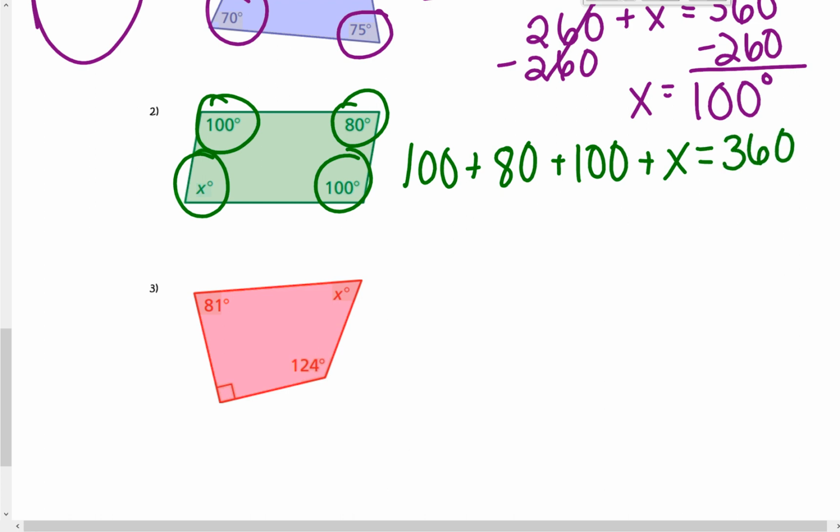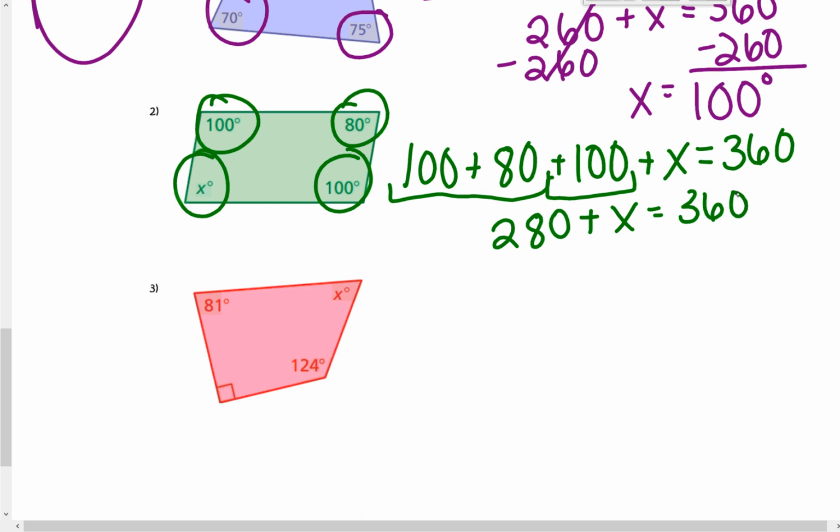I'm going to again combine those like terms. 100 plus 80 is 180, plus one more 100 is 280, plus x equals 360. We're going to finish solving this equation by subtracting 280 from both sides. We get x is equal to 80 degrees. Again, do not forget the degree symbol.